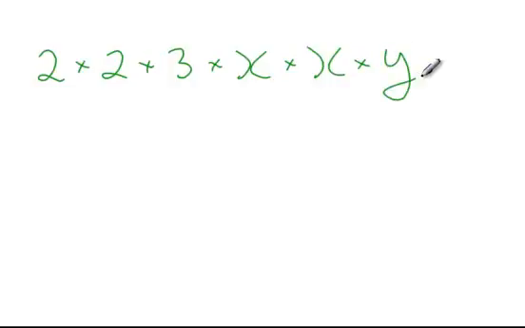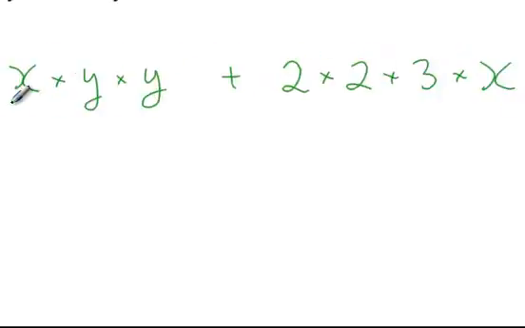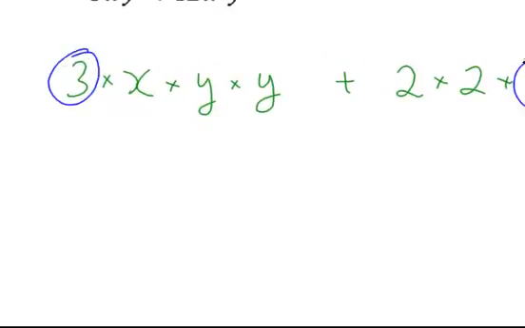Example 5, let's factorize this one. Now we have different variables. 3xy squared plus 12x squared y. So this is 3 times x times y times y. And the second term is 2 times 2 times 3 times x times x times y. Quite a few things. Now we need to see what's common between both terms. This one has a 3, this one has a 3.